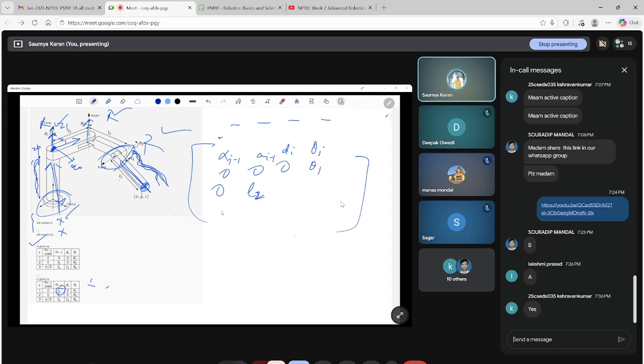Yes, it is L2, right? So here it would be x2. Do you have any distance between these x's? No, you don't, so it is 0. Do you have any angle between these x's? Yes, it is theta 2, right?